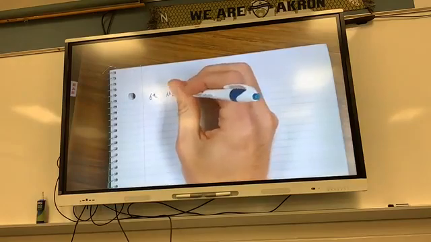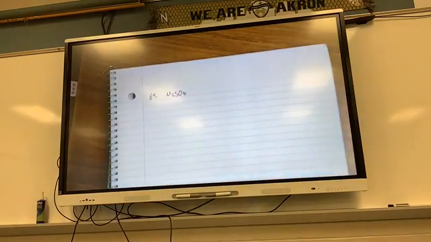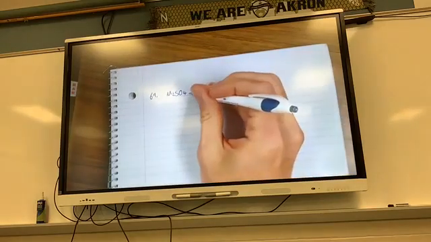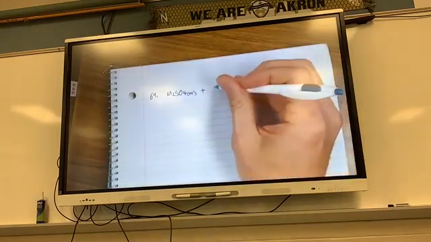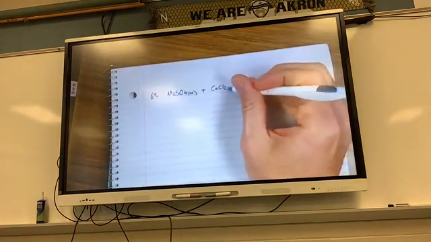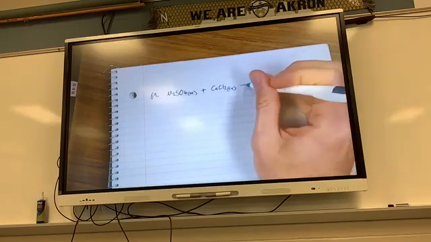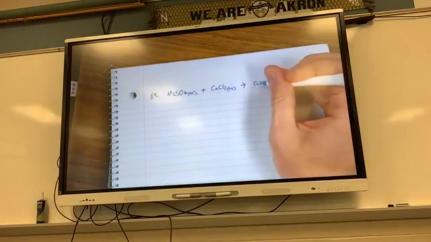So, balanced equation. I have M2SO4. It tells me that is aqueous, because it said it was dissolved in water. What am I adding to that? CaCl2. We know that is also aqueous from the back of our blue sheet. So that's going to give me CaSO4.